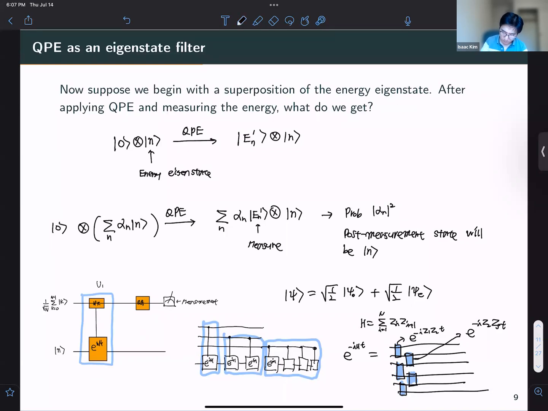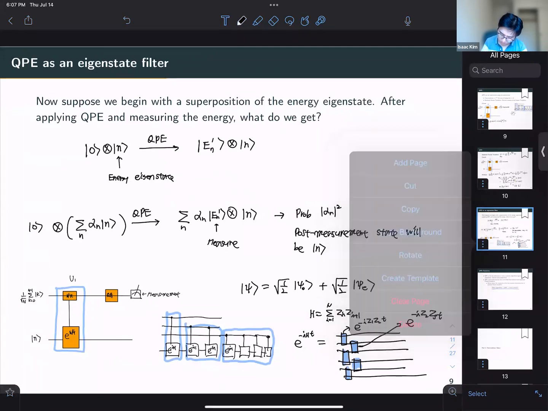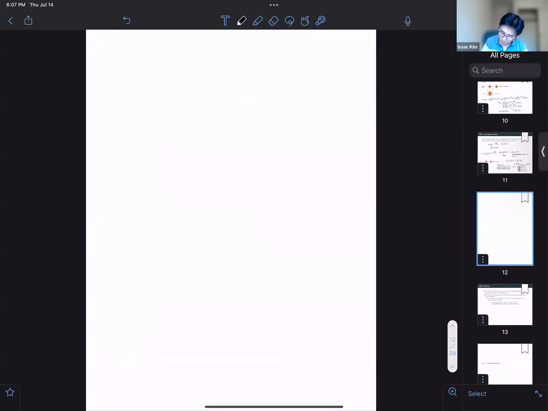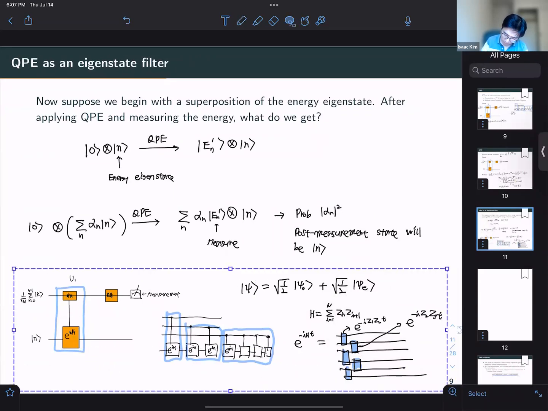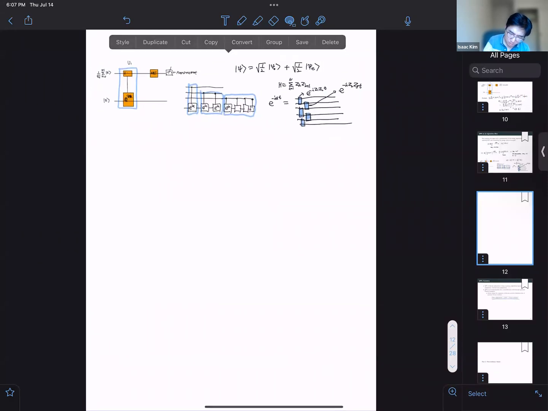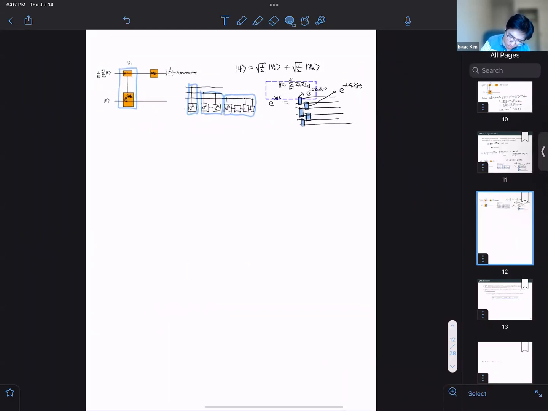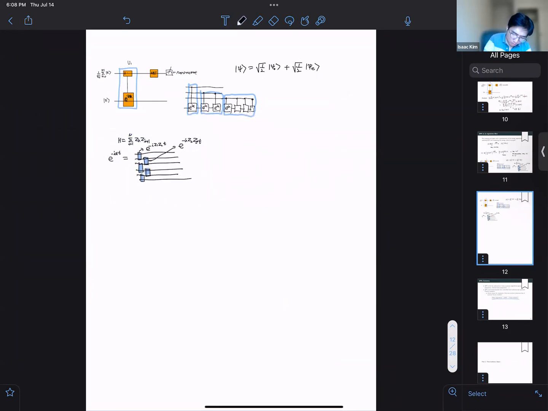Well, let me make a new page actually. So let me copy this entire thing. Let's say I want to make a controlled version of this.